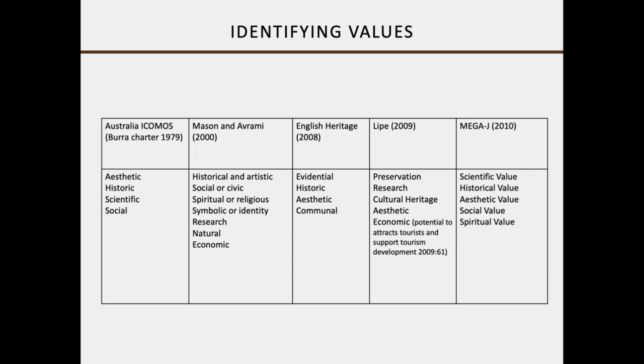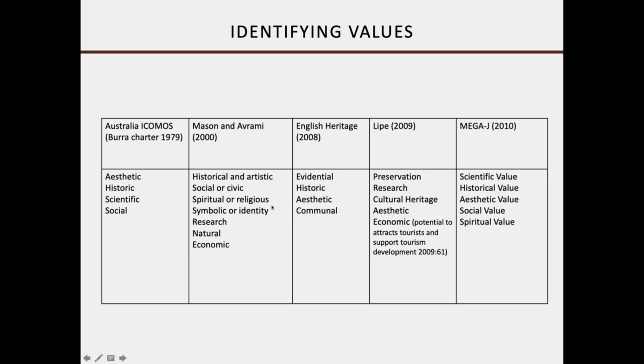Heritage is considered significant for different reasons, and in order to understand the significance, set categories of values have been developed over years. There are many examples of these value lists or typologies, and here I only have a few examples in this slide of widely accepted categories of value.